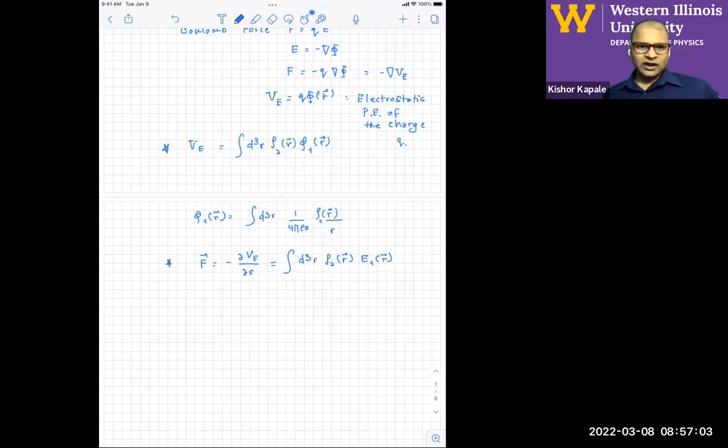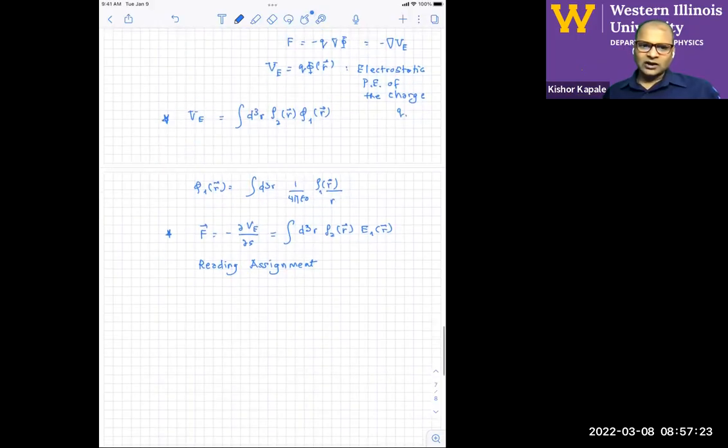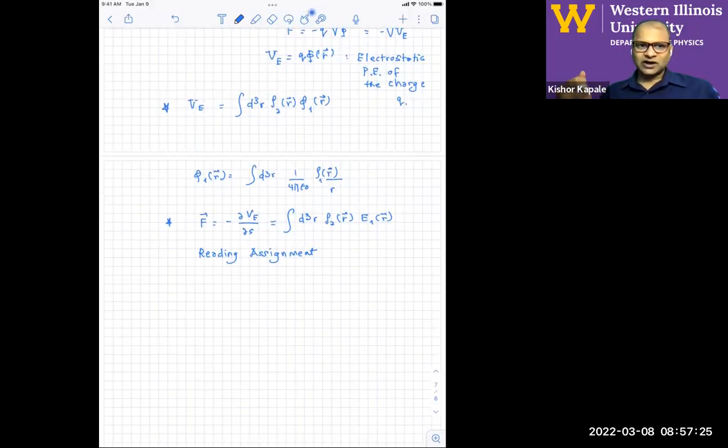Okay, so there is a little conceptual jump here, so we will not do that yet. I'm going to ask you to read, so this is a reading assignment, that takes these definitions that we talked about and looks at a discrete collection of charges, in 3.6 for electrostatic total energy.